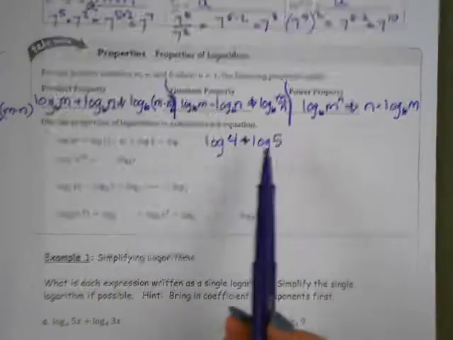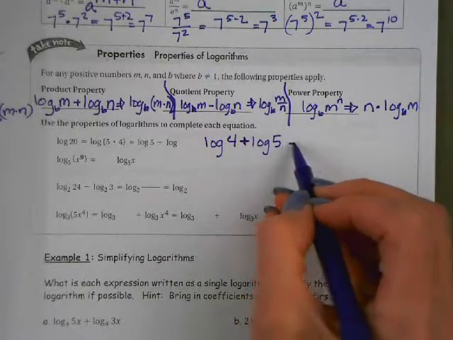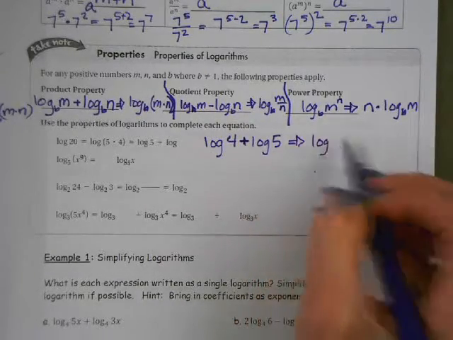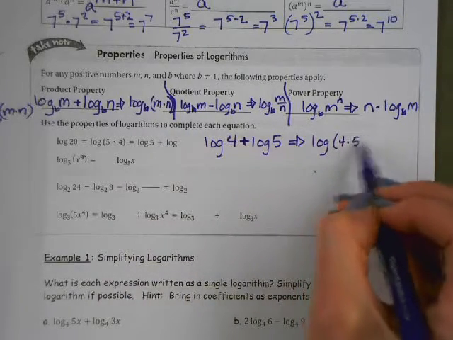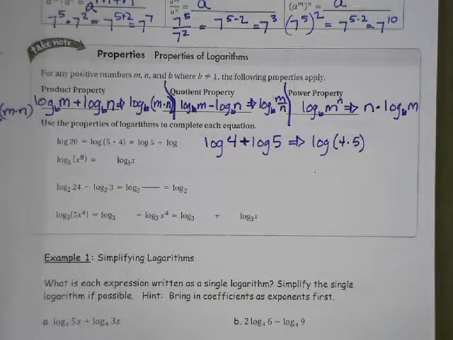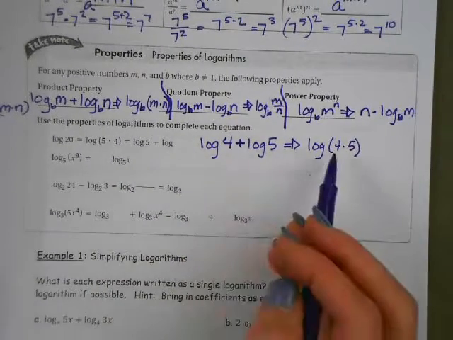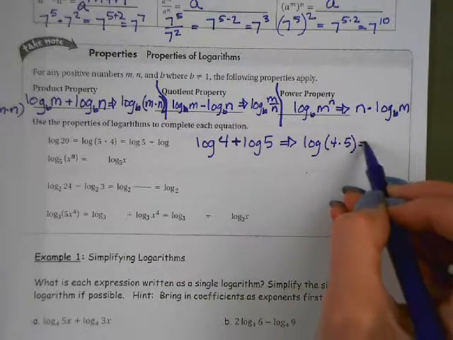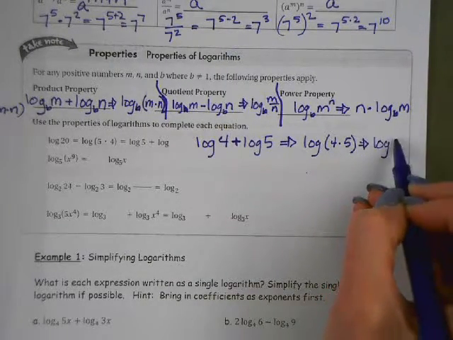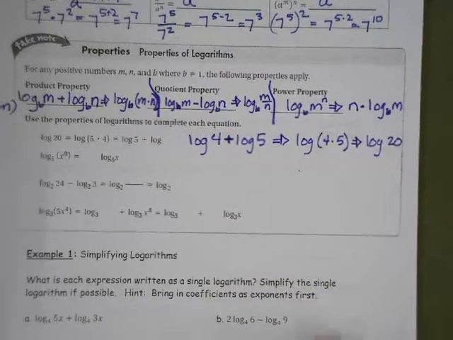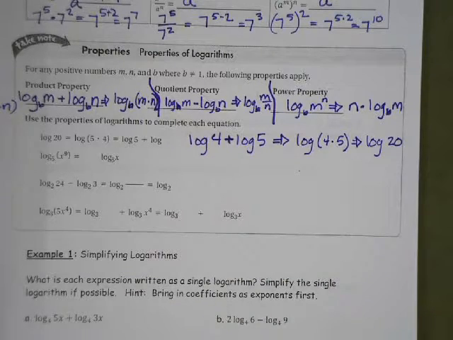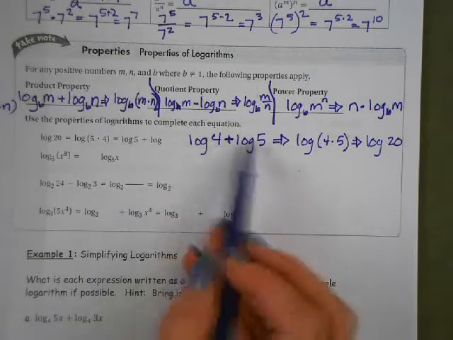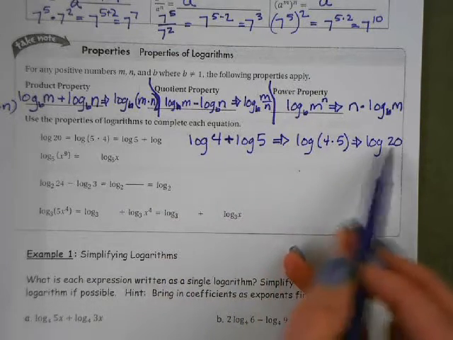So I can rewrite this as log, and then you multiply the 2 values together, the 4 times the 5, by using the product property. And so in the end, I would simplify it to be log of 20. Whatever base you have, you would carry the base. It can be any base. So I'm going from the expanded version, multiplying, to now a simplified version.